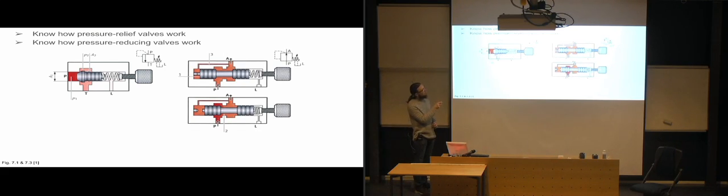The pressure reducing valve is a little bit different because it gets the pressure in on one side and it moves through the entire valve. But then just as it is about to exit, we have this pilot channel that leads it over to this side.